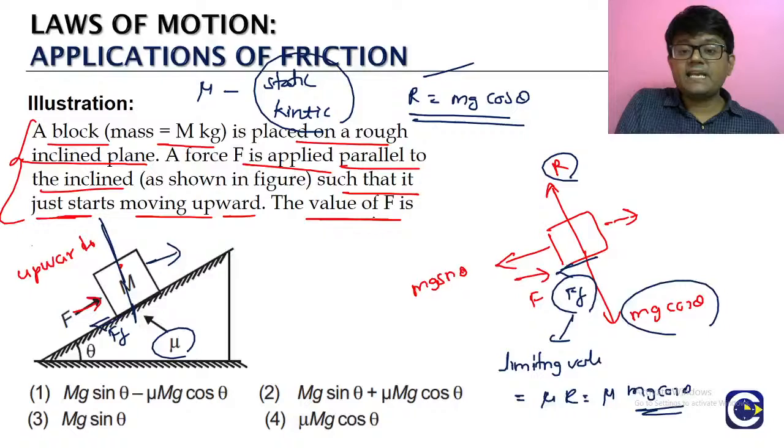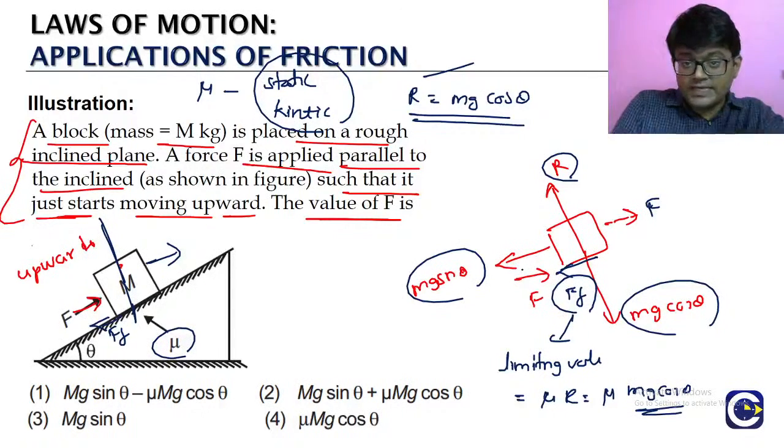Now as per the statement, the force F is applied parallel to the inclined plane, upwards, such that the block is just starting to move. Which means what? The force F is applied up the plane. Both mg sin theta, the component of the weight, is down the plane, as well as the frictional force is down the plane.